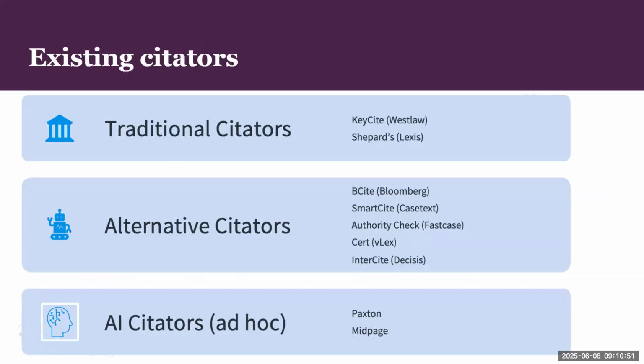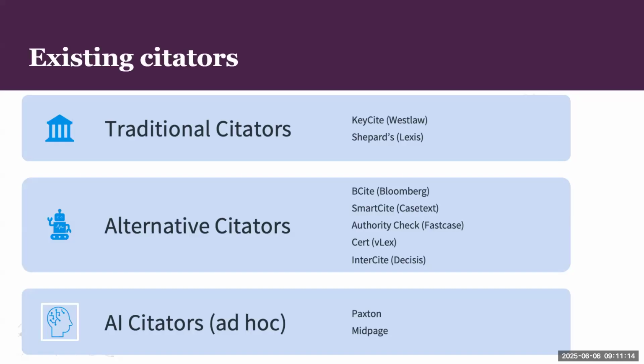I mentioned the traditional ones, and then the alternative ones, and then the newer AI citators that a few companies have started coming out with. I wanted to mention how they work and how they work differently, and I think that has influenced the direction that we've taken a little bit.